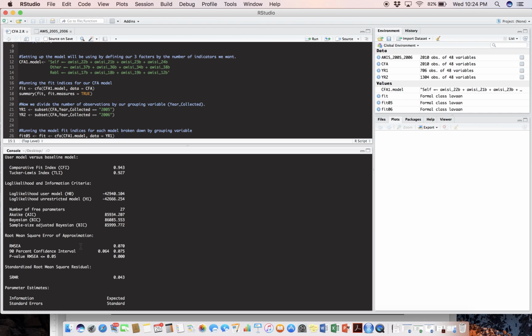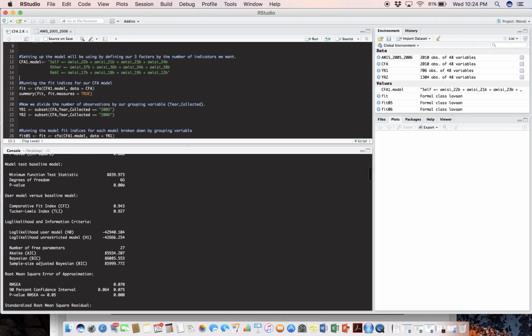I'm pulling some of these cutoff guidelines from the Hair, Black, and Babin chapter, as well as Hu and Bentler, right? So there are different conceptualizations of what is appropriate, what is more restrictive, what is more concise with respect to some of these indices. But again, there's really no hard and fast cutoff there.